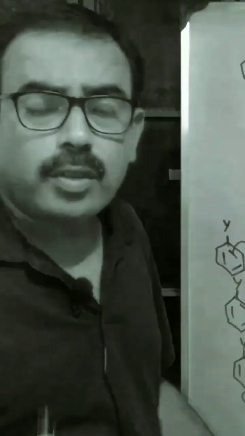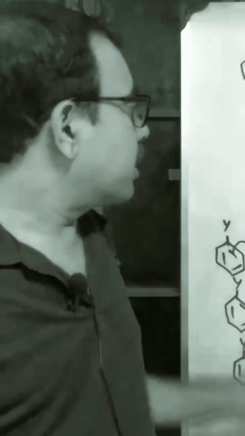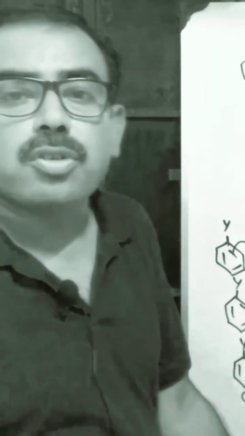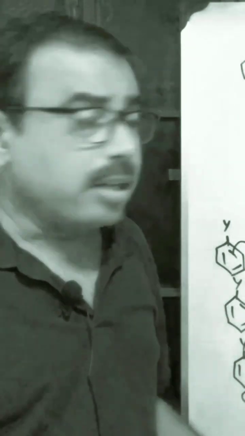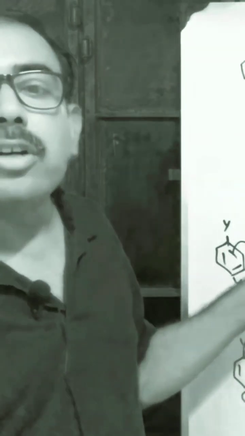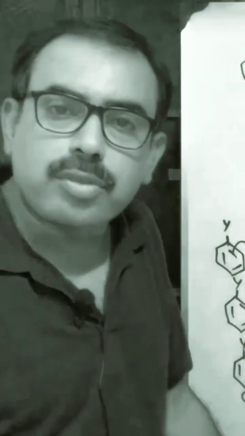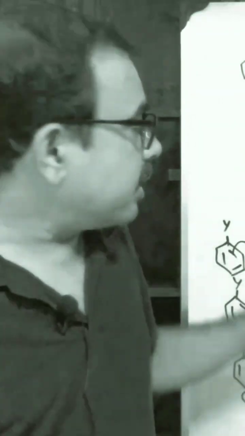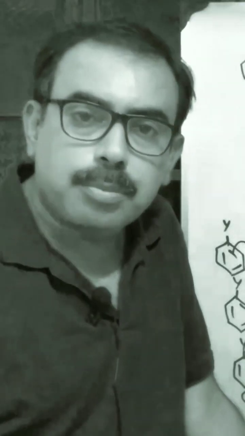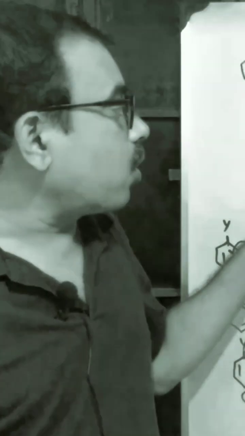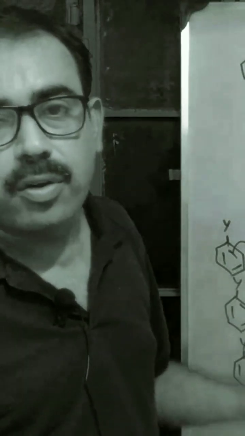Okay, so what we know is, if the substituent already present in the benzene ring has a plus I inductive effect, then in electrophilic substitution reaction the incoming electrophile will go to ortho and para position with respect to the substituent already present.